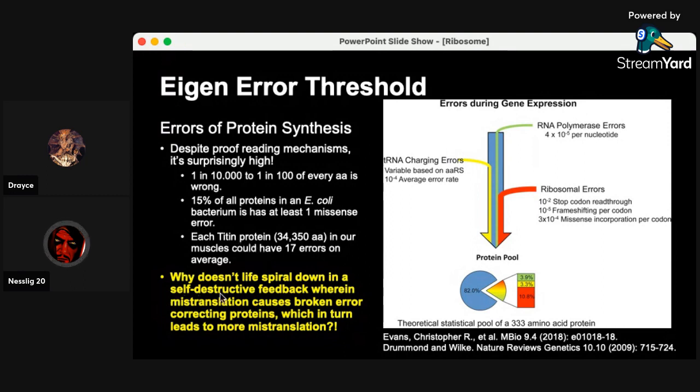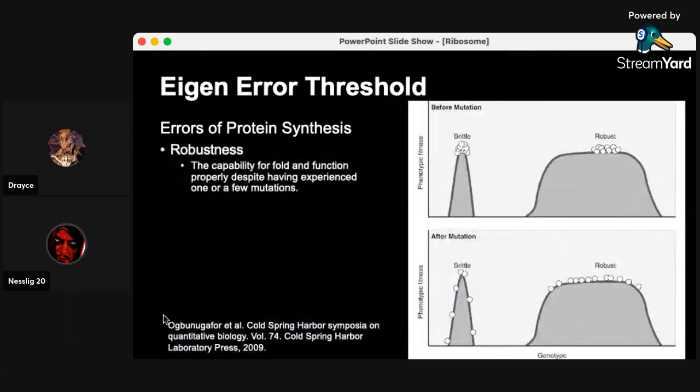So given this error rate, why doesn't life spiral down in a self-destructive feedback loop wherein mistranslation produces broken error correcting proteins, and because of the broken error correcting proteins, it increases the rate of mistranslation, which increases the rate of broken proteins and such? Why doesn't this feedback loop get started? Well, basically, these errors get buffered by two things. First, proteins have something called robustness.